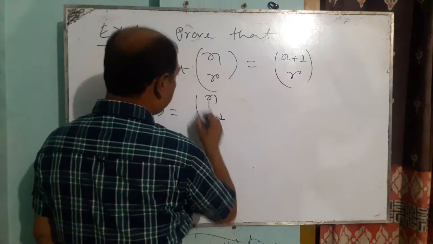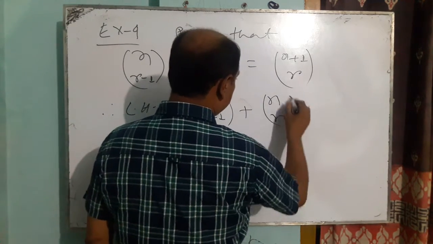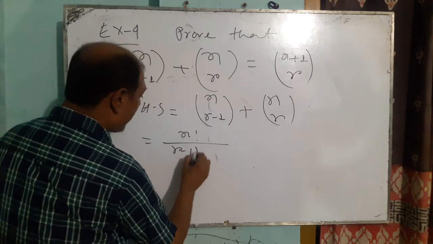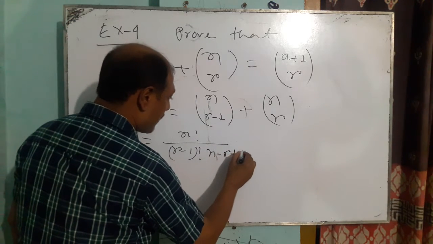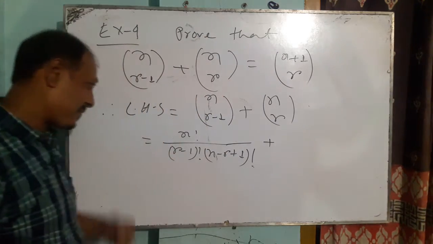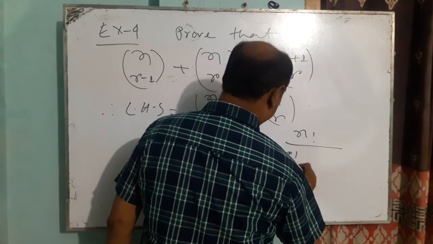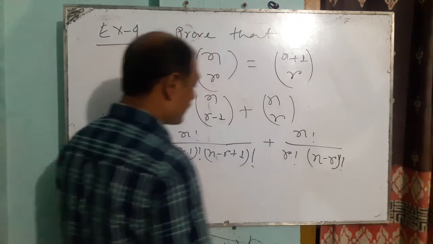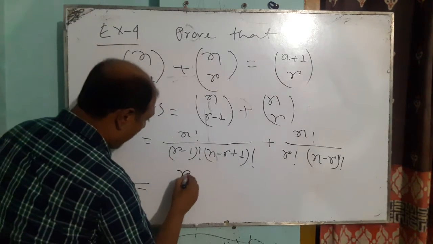nC(r minus 1) plus nCr that is equal to n factorial by r minus 1 factorial n minus r plus 1 factorial plus n factorial by r factorial n minus r factorial.